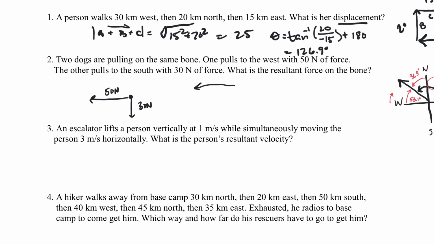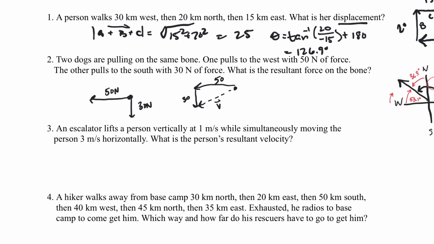So if I do it like this and I do the 30 on that side, instead of at the bone itself, then what I can figure out is this vector would be the actual vector that's being done on the bone, right? And so I'd like to know what that is. We know this one's 50, this one is 30, and this would be my new vector, the combination of them.